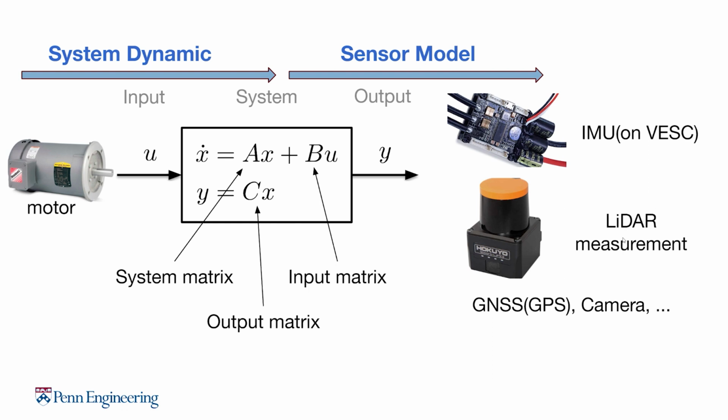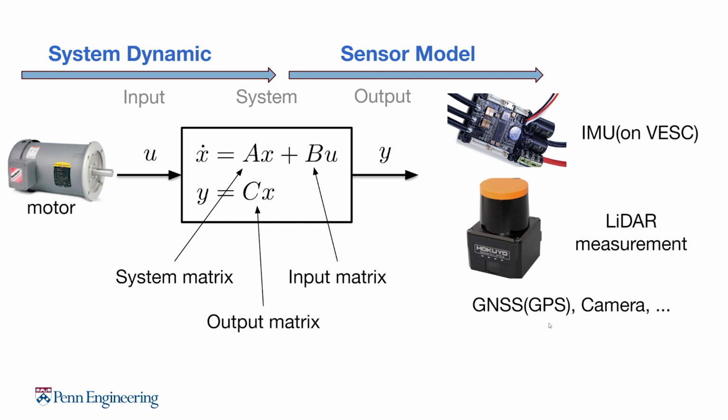We will use LiDAR for localization and mapping. There are also other sensors, for example the GNSS, which gives us GPS signals, and a camera, which we will use for our Lab 8 Vision Lab.